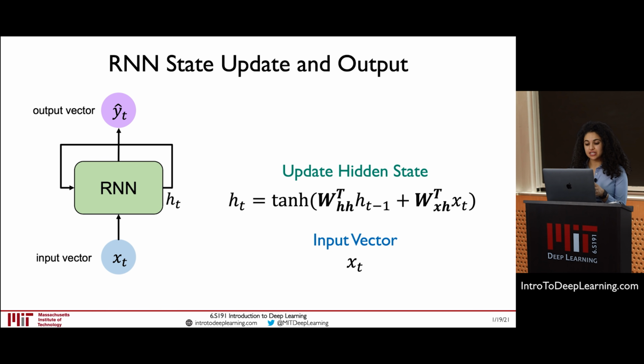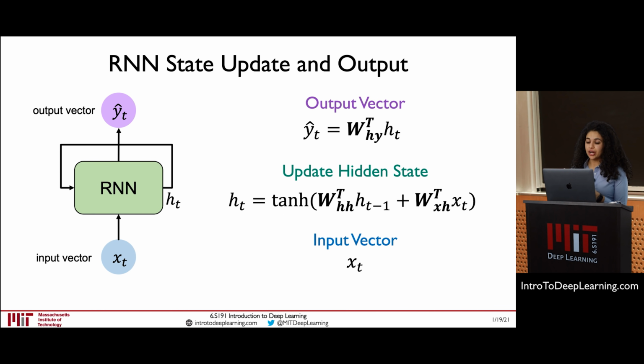And again, because this internal cell state h of t is going to depend on both the input x of t as well as the prior cell state h of t minus 1, we're going to multiply each of these individual terms by their respective weight matrices. And we're going to add the result and then apply a nonlinear activation function, which in this case is going to be a hyperbolic tangent, to the sum of these 2 terms to actually update the value of the hidden state.